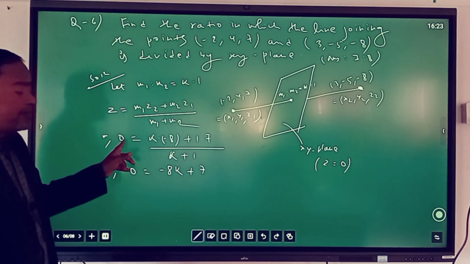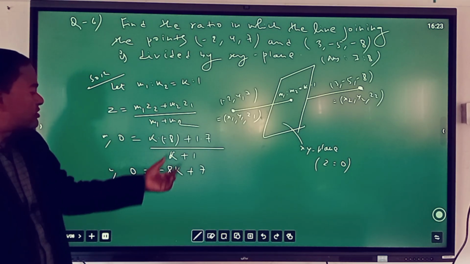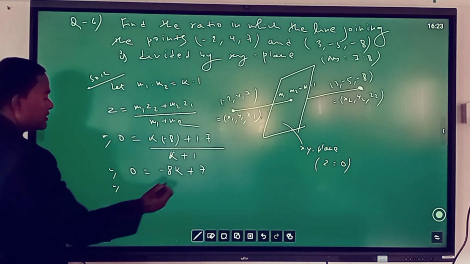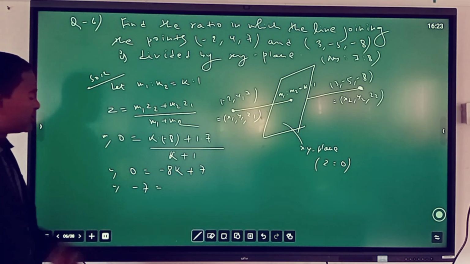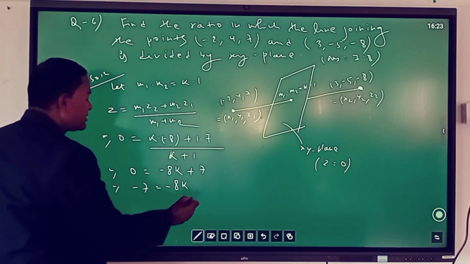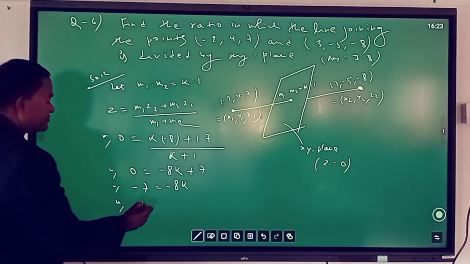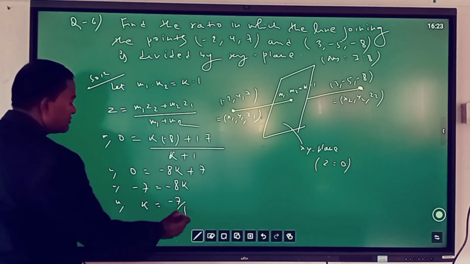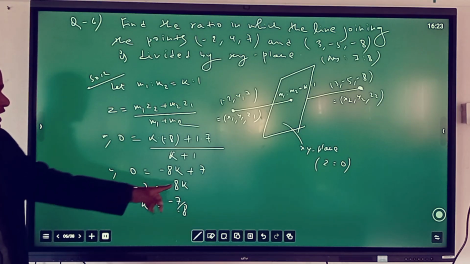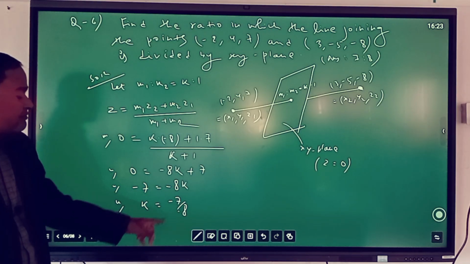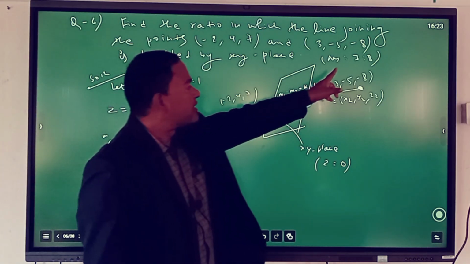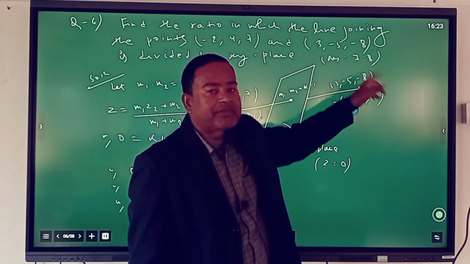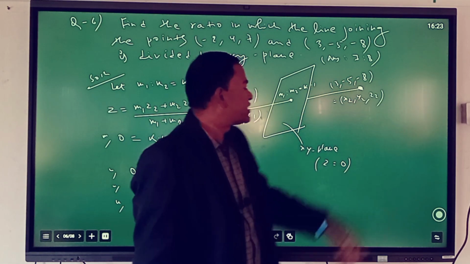So now plus 7 moving to the left side, then we get -8k equal to -7. Then the value of k, we get -7 divided by -8. Now -7 and -8, the negatives cancel and we get the value of k as 7 by 8, which is equal to 7 is to 8.